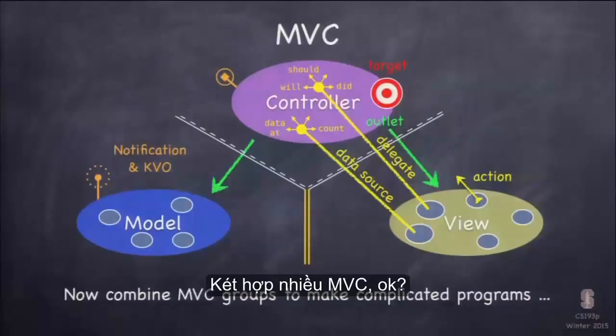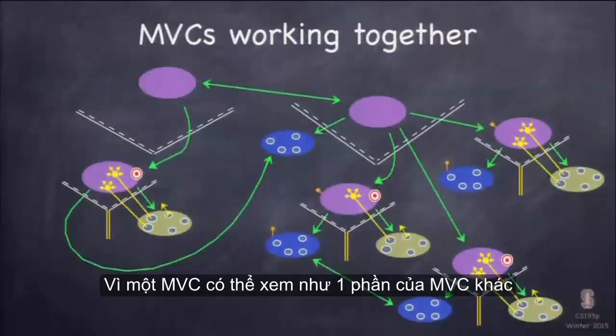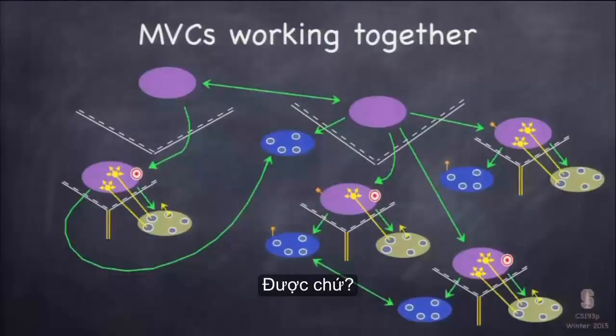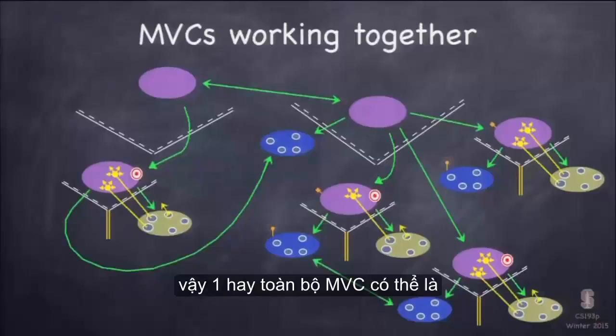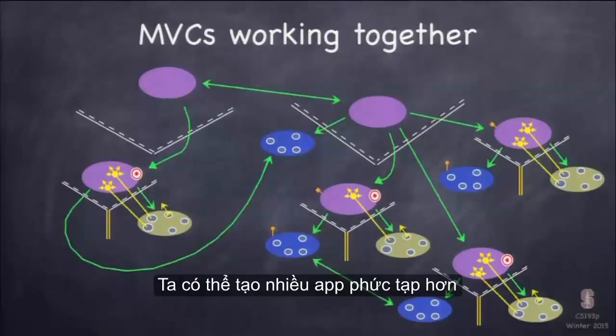Well, we're essentially going to combine multiple MVCs, because an MVC can use as part of its view another MVC. An entire MVC can be one of the minions of some bigger MVC. And by doing that and cascading it down, we can build more and more complicated applications.